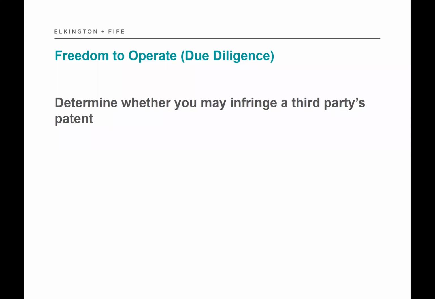The last major topic I wanted to mention is the other side of patents, and that is, if you are a third party and you're concerned about infringing other people's patents. What we call this is freedom to operate. It's more generally known as due diligence.